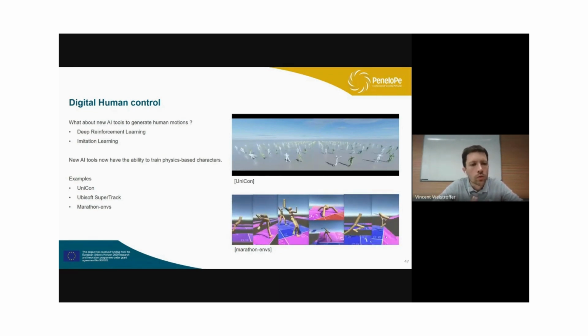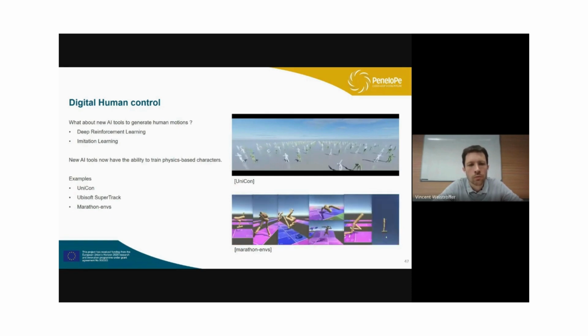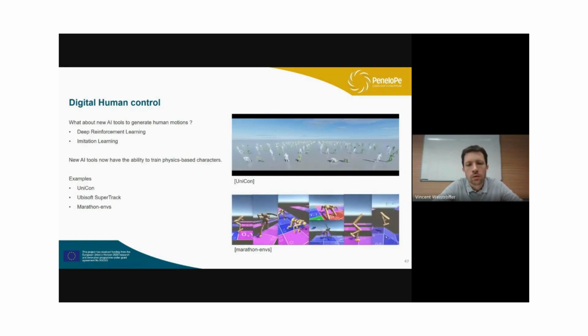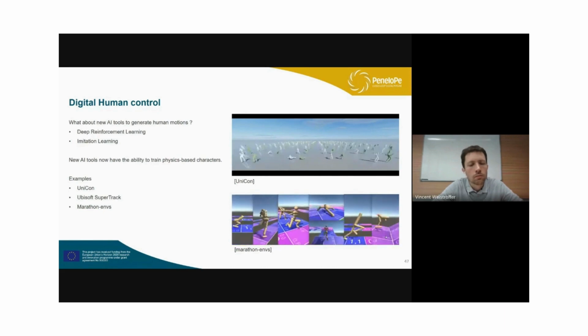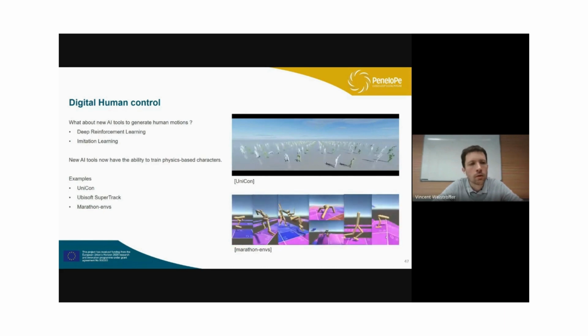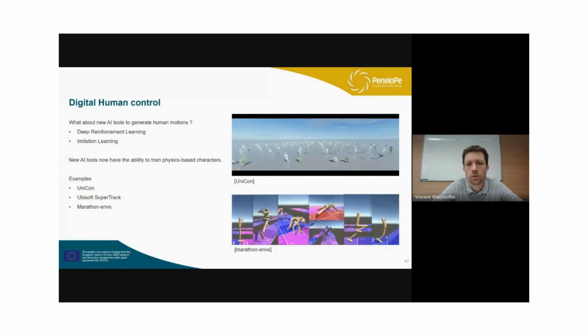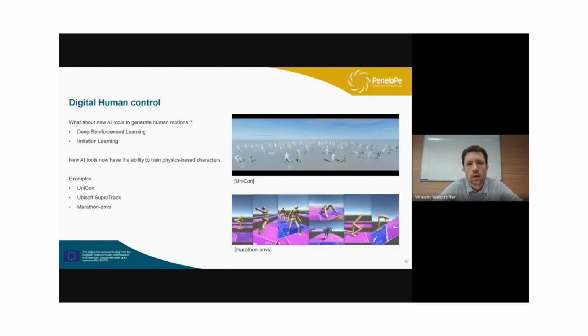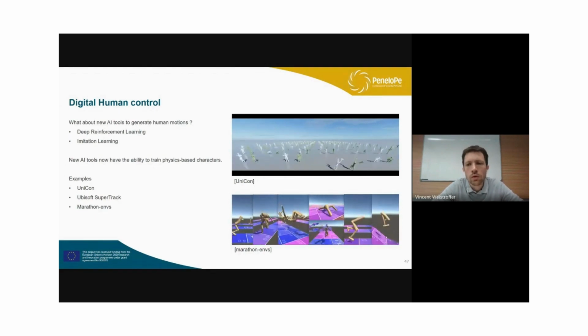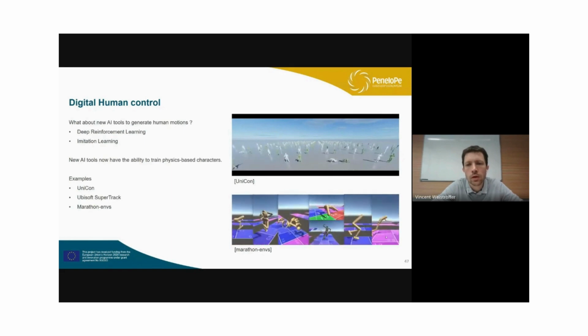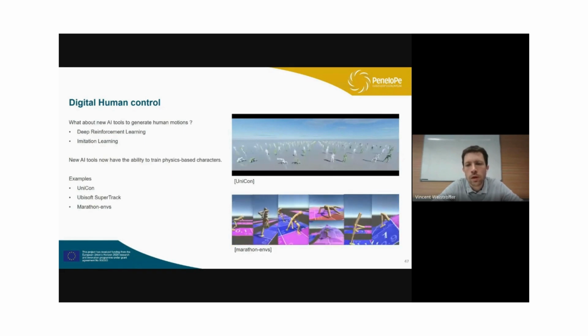You also have the Super Strike from Ubisoft, and you will have plenty of them in the next few years. The main point here is that nowadays you have plenty of new artificial intelligence tools and libraries that can provide you a toolkit or an environment in which you can train your physics-based characters.